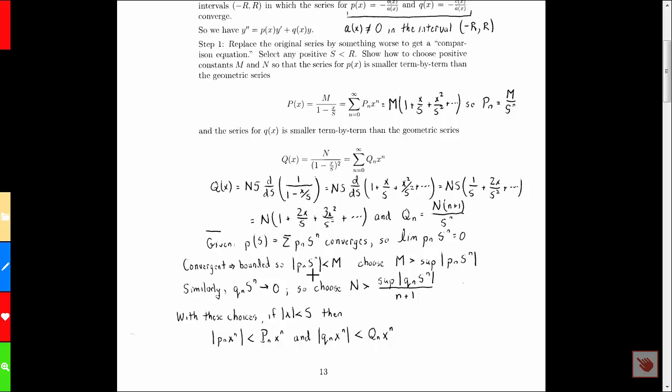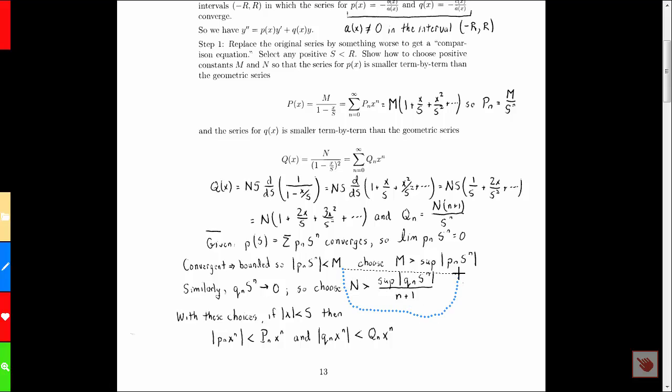Getting capital N is only a little bit messier. We look at the series for little q, and we say little q_n times capital S^n is a convergent series, and therefore, applying the same line of reasoning, if a series converges, its terms go to 0, and therefore the absolute value of the terms is bounded.